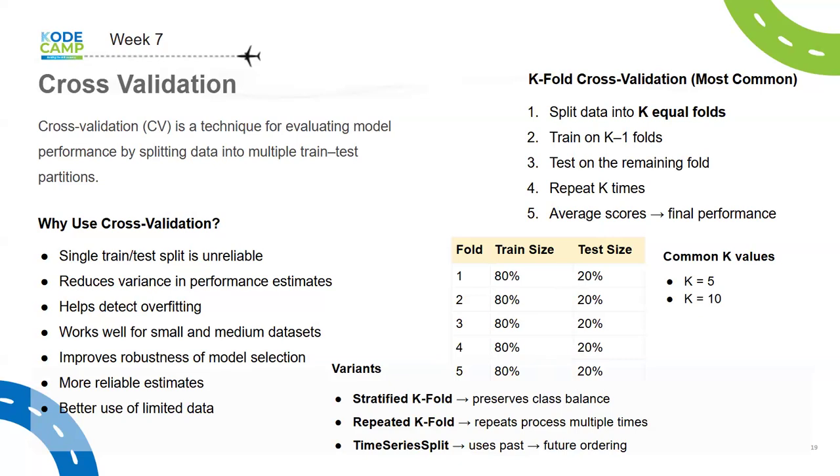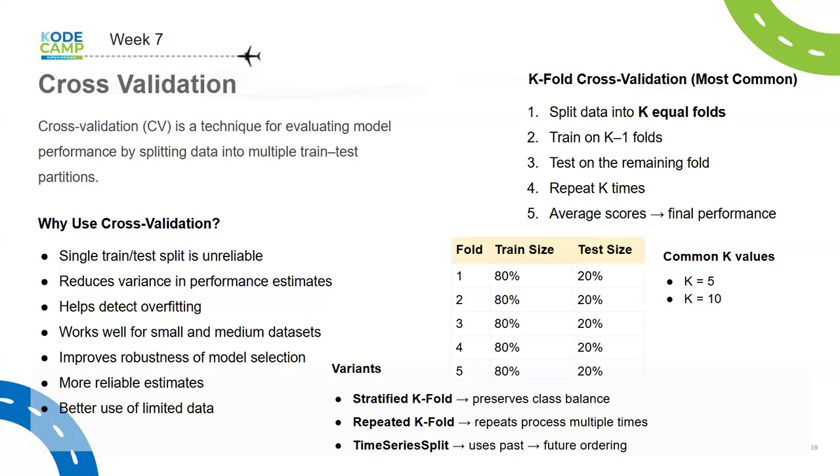And you have 10% malignant and 90% benign. Then when you are dividing your test train data, you always try to ensure that that proportion of 9 to 1 is maintained even in the subdivisions that you have created. That's stratified k-fold. Then repeated k-fold is you are just repeating the process multiple times.